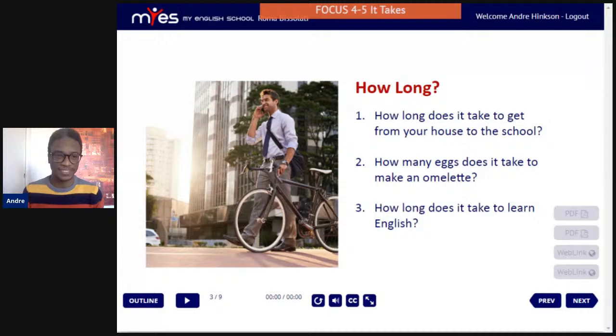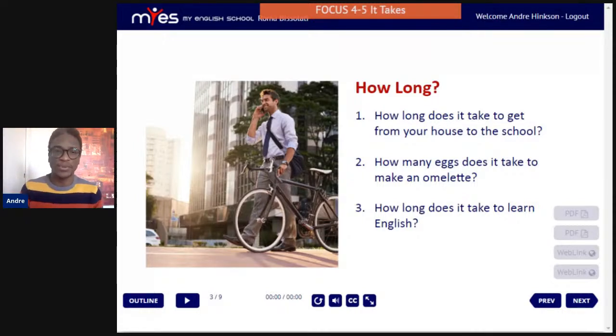Great, so today we're looking at the phrase it takes. So normally we use it takes to talk about length of time, a period of time. For example, in this first question, we have how long does it take to get from your house to the school?